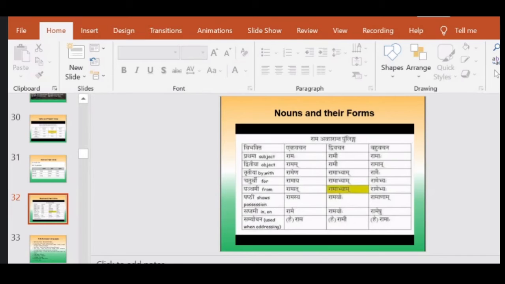So all these are denoting the different relationships which you want to express by using that particular noun. A language as prolific as this, which gives you so many options, even if you learn a small part of it, that itself is a big treasure.